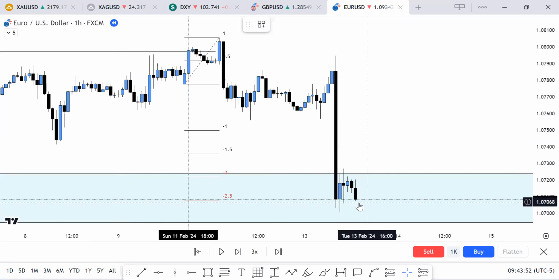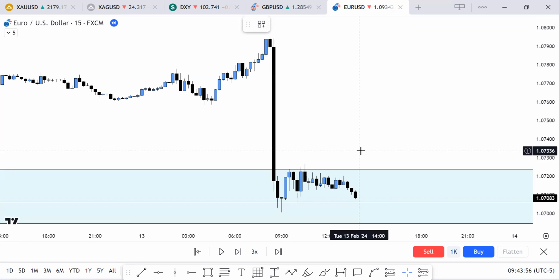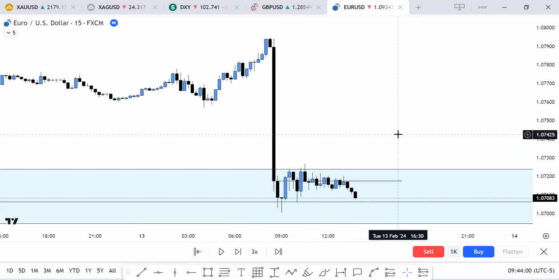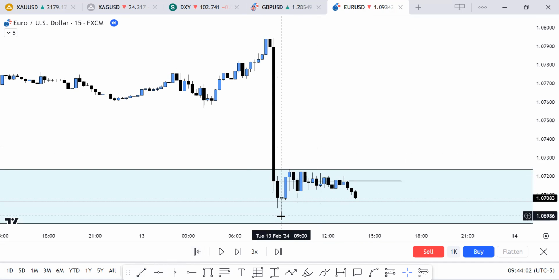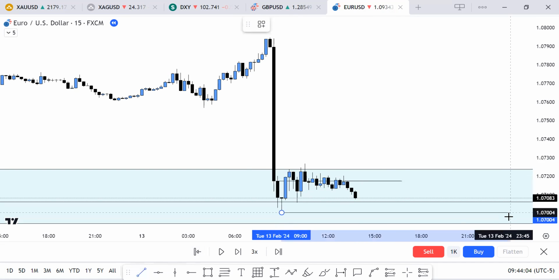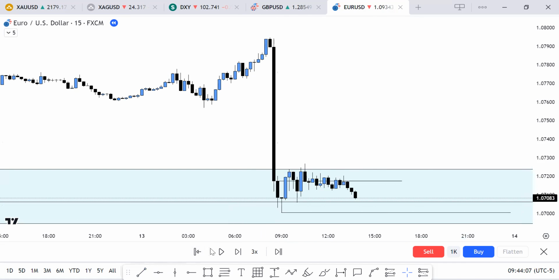So basically this is kind of my entry. What I will do here is switch into the lower time frame and wait for the market to close above it. Yes, it does. And if we see an SMT here with cable, otherwise this is still not a strong close above it.